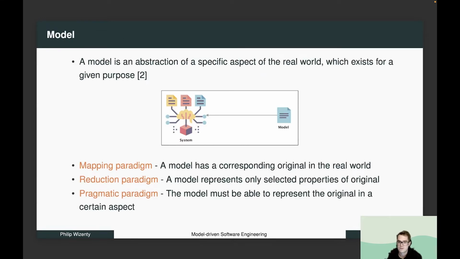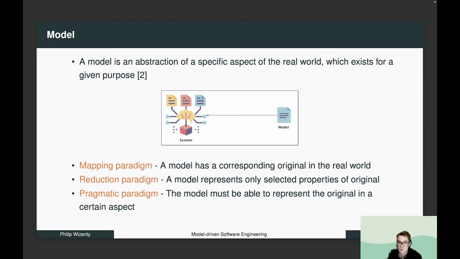Let us start with the definition of a model. A model is an abstraction of a specific aspect of the real world, which exists for a given purpose, for example, the testing of the stability of a bridge. Furthermore, the model has three different paradigms which characterize the model.